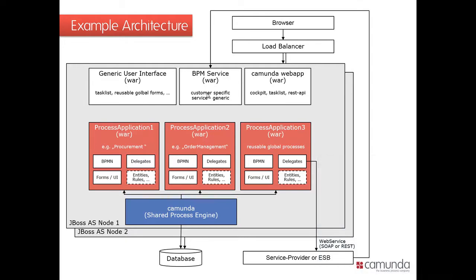So that's a pretty thin deployment normally, but it basically maps the stuff to your environment. If you want to call other services, SOAP, REST, or you want to call your ESB, we normally deploy small delegates, which then call the web service. So that's a small Java delegate using whatever, Apache CXF or something like that, to call that service. Okay, and the callback might be done within the BPM service.